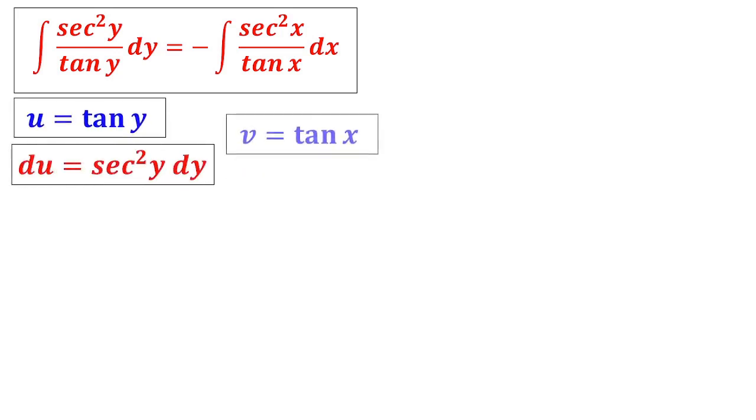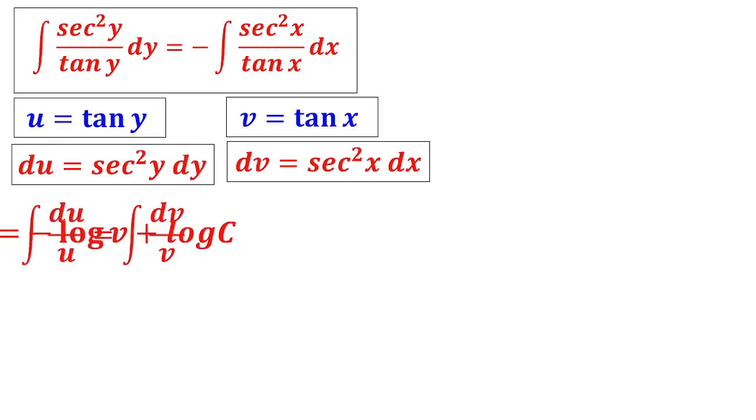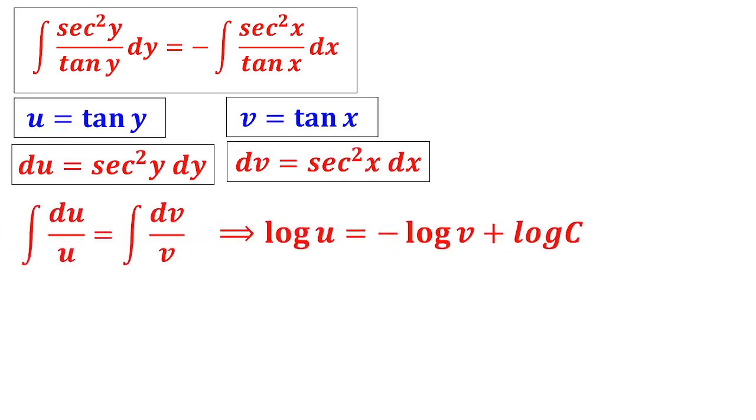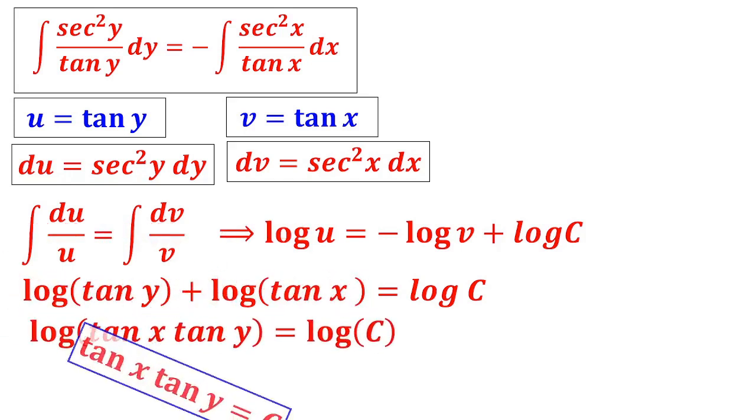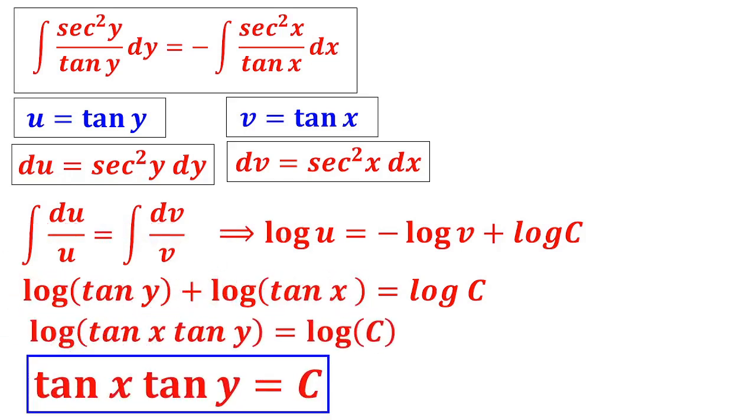Therefore, I am putting the substitutions now. Left hand side will become log u, right hand side will become minus log v plus log c. Now there is no need to take it as log c, but if you take it, then it will get simplified further. Therefore, log of tan x tan y is equal to log c. Therefore, tan x tan y is equal to c is the answer. Suppose if you give the answer as log tan y plus log of tan x is equal to c also, marks will be given.